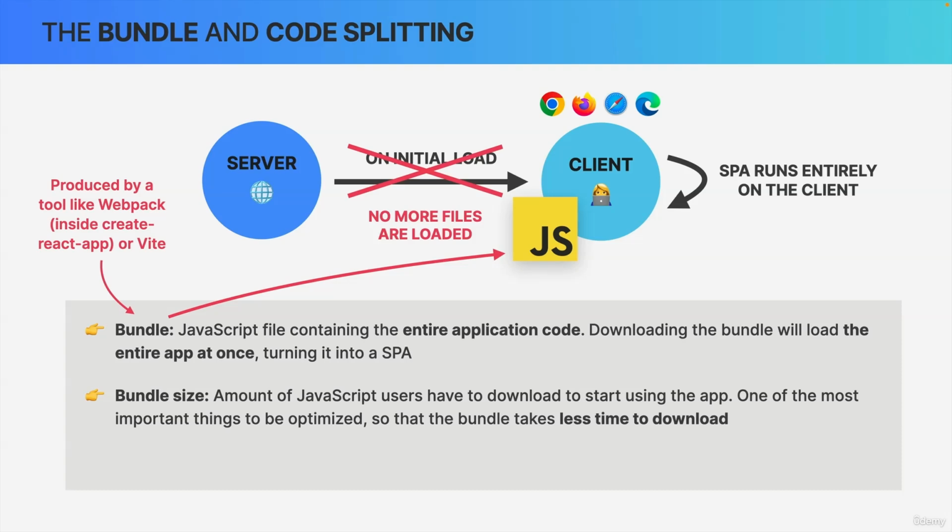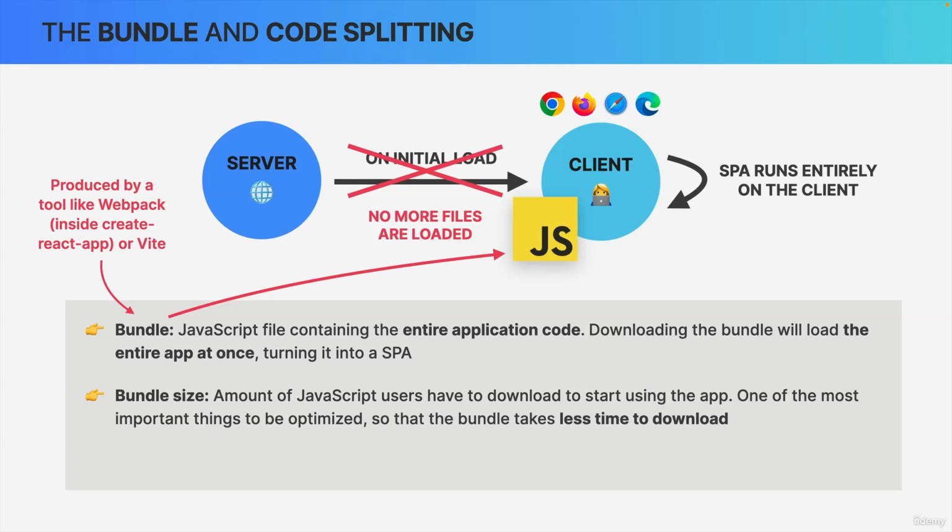So if the bundle has, for example, 500 kilobytes, then all those bytes need to be downloaded before the app even starts working. And of course, the bigger the bundle, the longer it's gonna take to download, which can become a huge problem. Therefore, bundle size is probably the most important thing that we need to optimize.